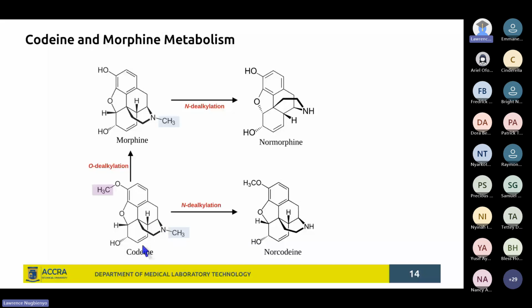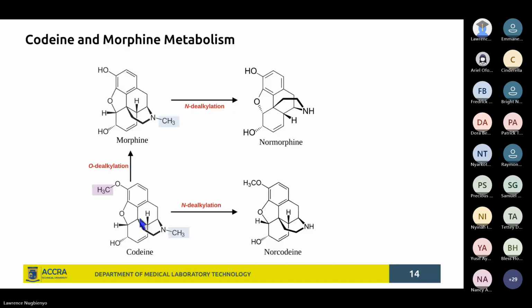Similarly, normorphine, and even morphine, is more toxic than codeine. Norcodeine is maybe 3 to 5 times more toxic, and normorphine maybe up to about 6 times more toxic than codeine itself. I don't remember the specific ratios, but what I remember is that the metabolites are more toxic than the substance itself.